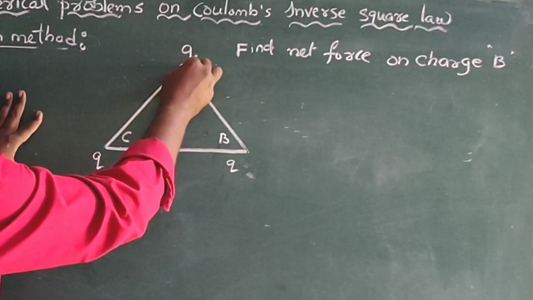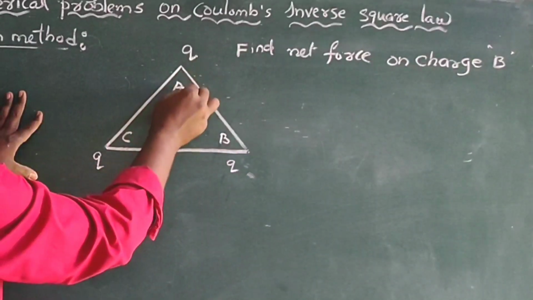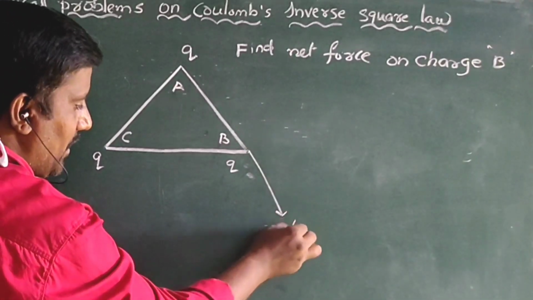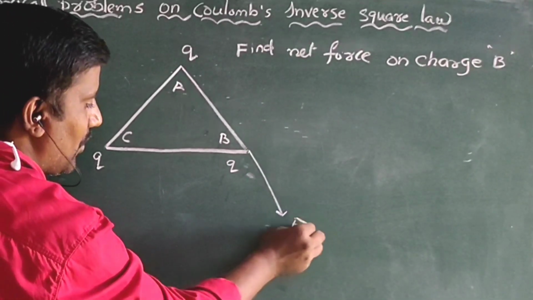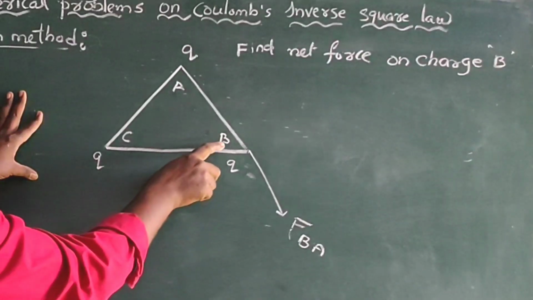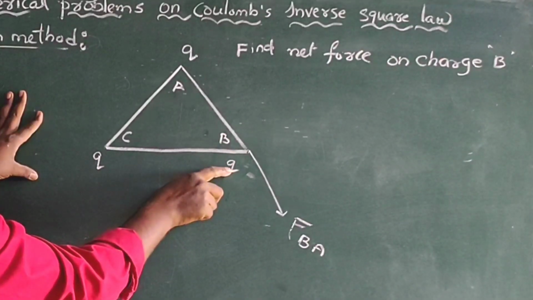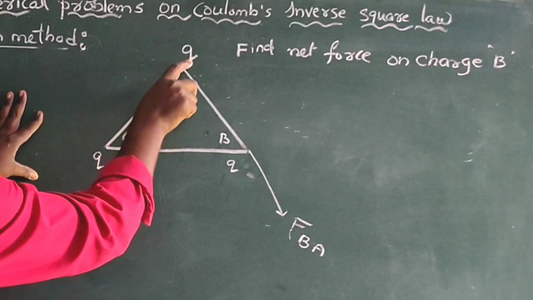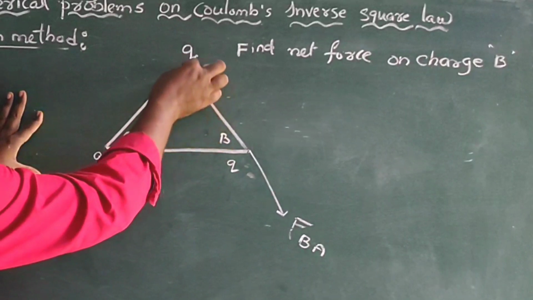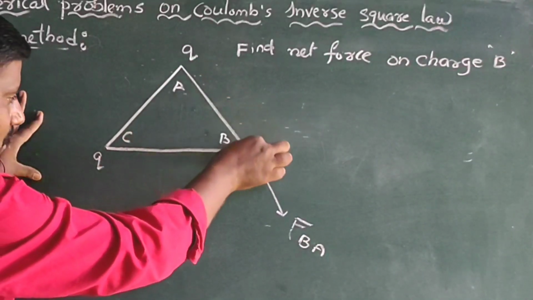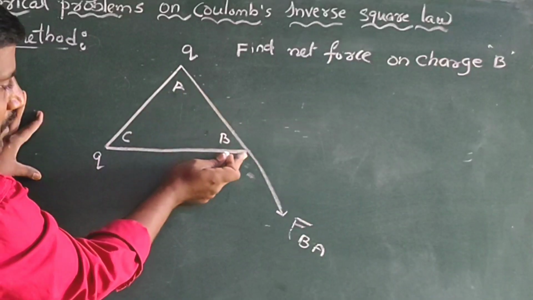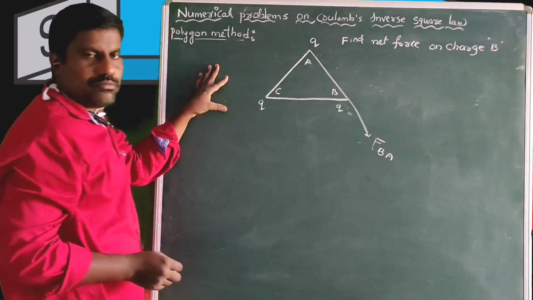Due to the charge Q at A, the force on B, we write F_BA. That indicates the force on charge B due to charge Q at A. The F_BA is acting along this direction because this charge repels the B charge.